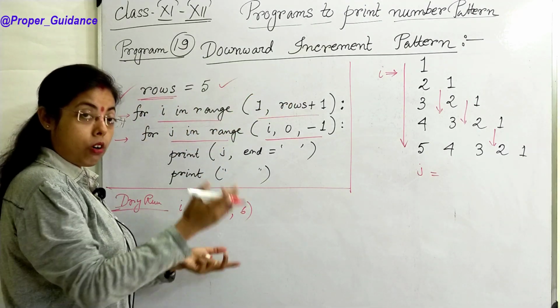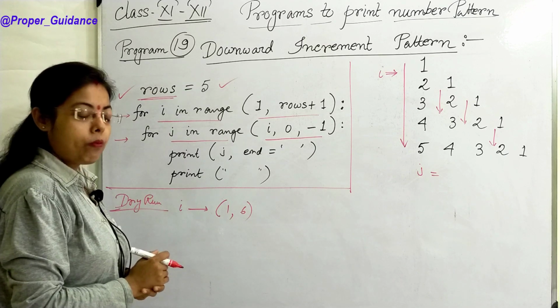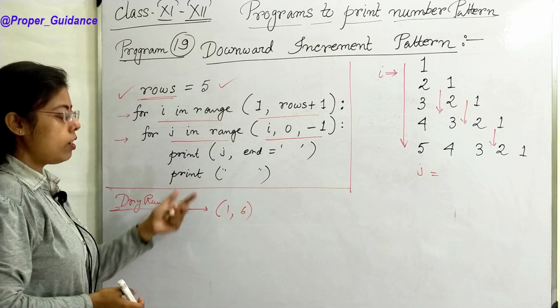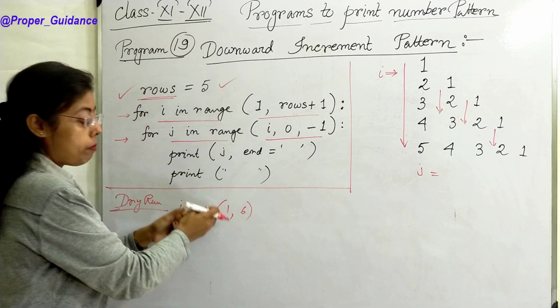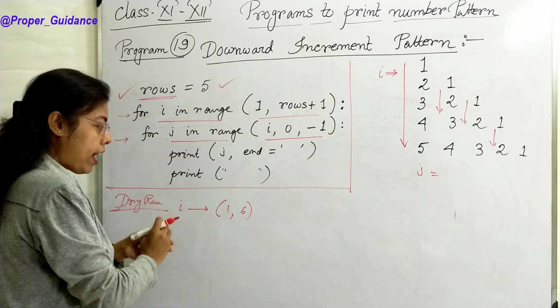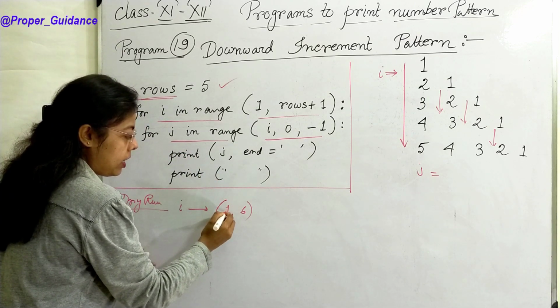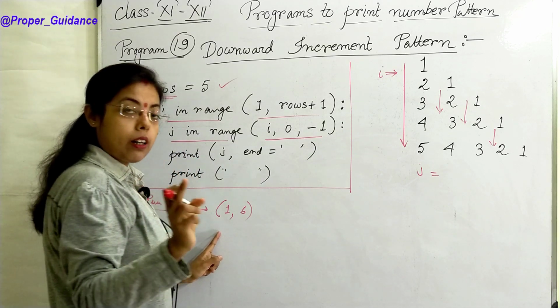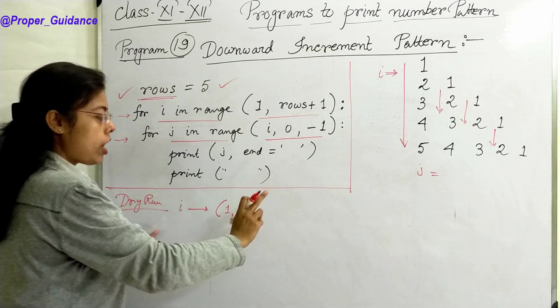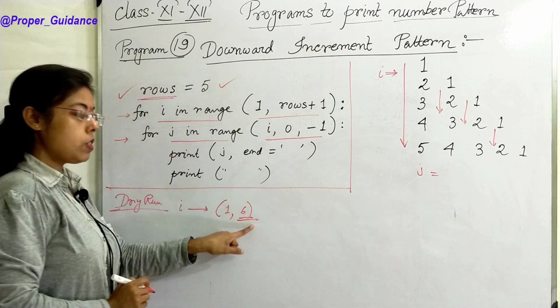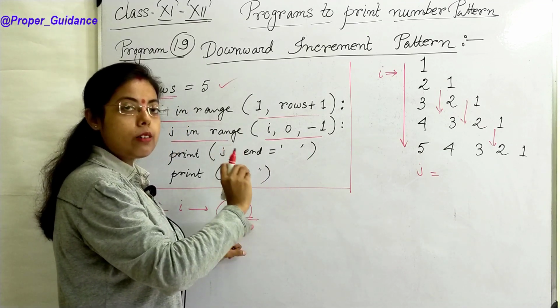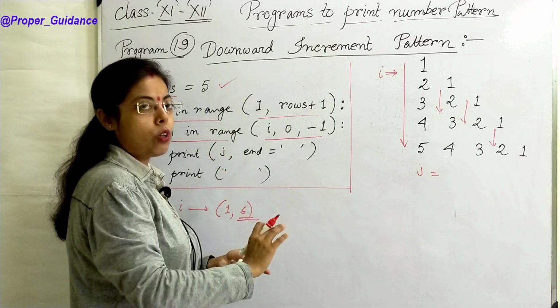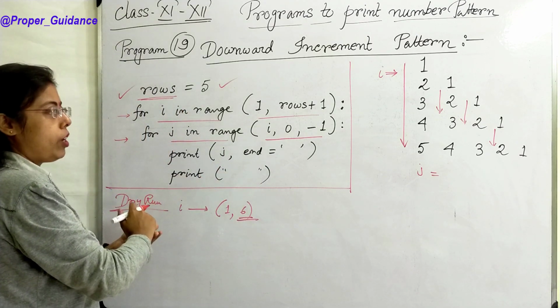And for a for loop, we know that when we use the range, the first term, that is the starting point, is included. It means I will take the value 1, but I will not take the value 6. The last term in the range will be excluded, but the first term is included.